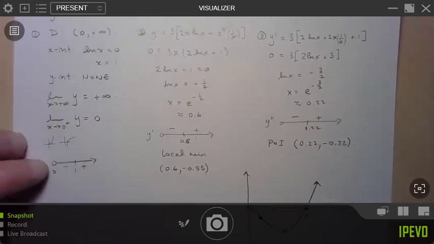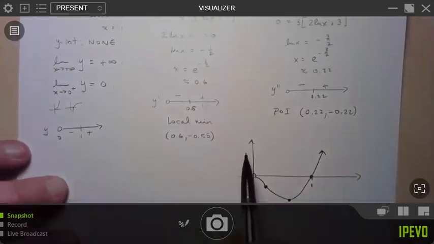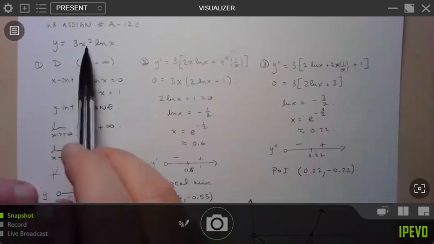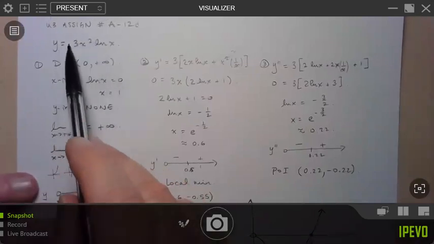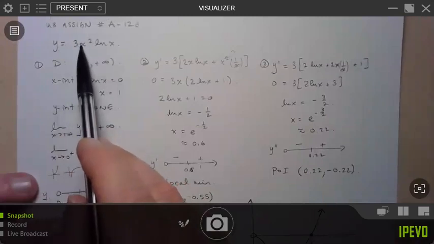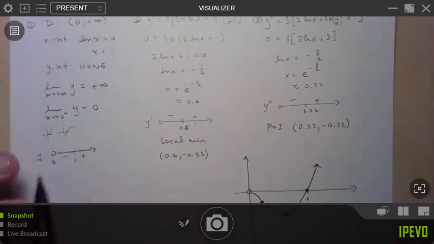Here is when I was trying to determine how this function was going to behave near 0. When I look at the individual components, as x gets close to 0, this first part is approaching 0, and this second part is going to negative infinity. So it's not clear how that multiplication is going to turn out. This is where I have to think about our hierarchy of which functions grow faster or decrease faster than others.